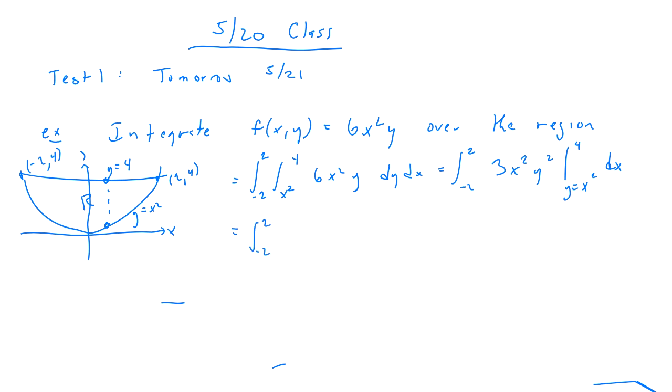So if I put in y equals 4, I get 16, so I'll get 48x squared. If I put in y equals x squared, I get 3 times x squared times x squared squared, which is 3x to the 6th.